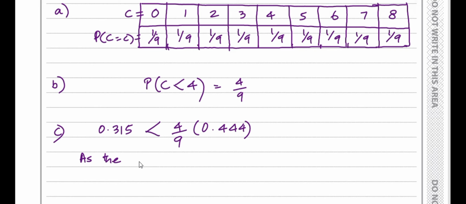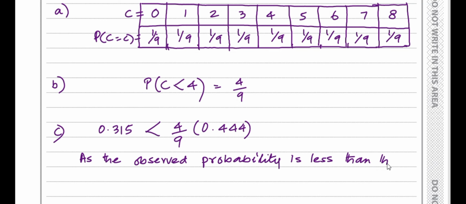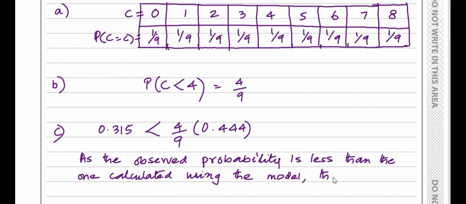As the observed probability is less than the one calculated using the model, the model is not good.